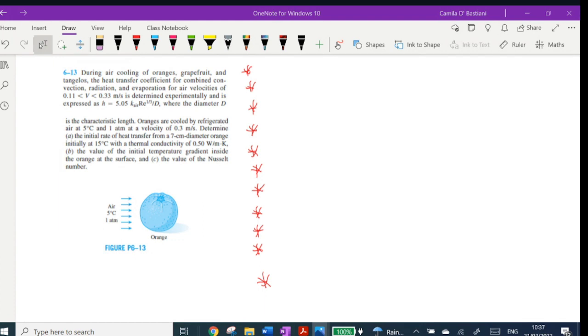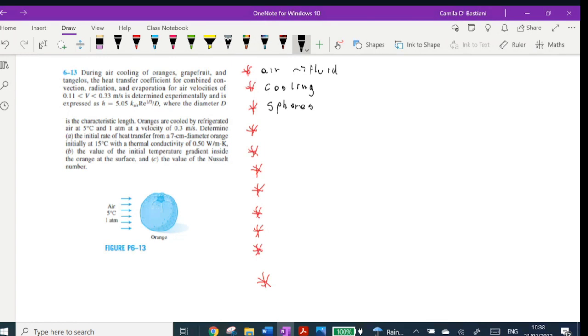During air cooling of oranges, so we are talking here, first of all, that our fluid is air, and we have a cooling process. When you talk about oranges, grapefruits, we are talking about spheres, okay? So it's not a linear system anymore, it's a spheric system now.